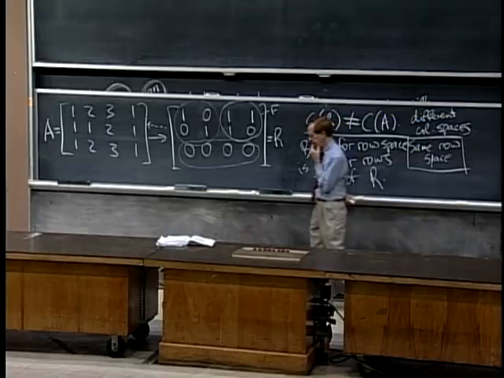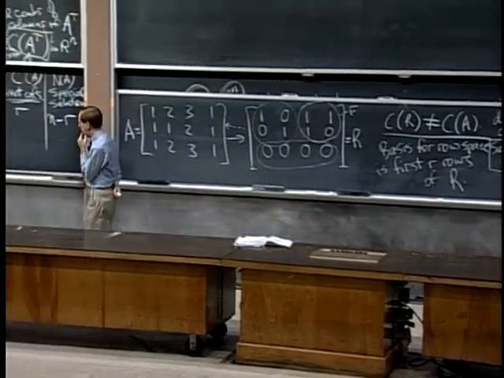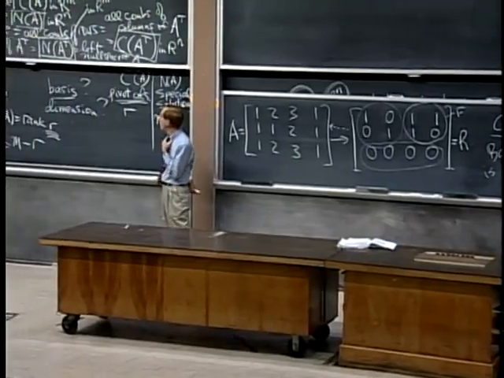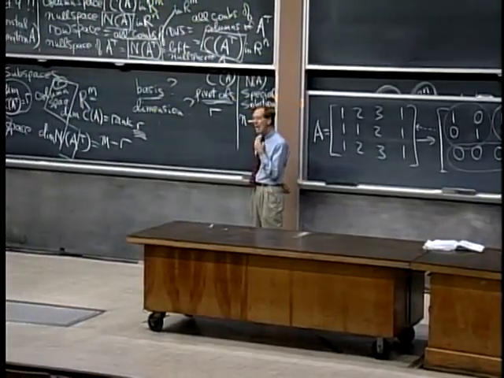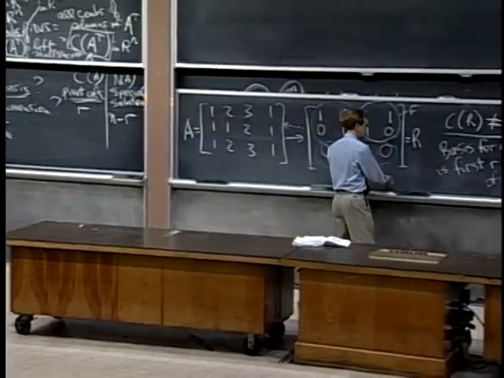Okay, now what about the fourth guy, the null space of A transpose? First of all, why do I call that the left null space?